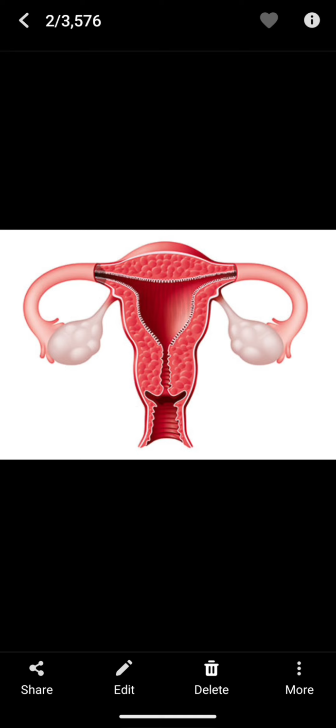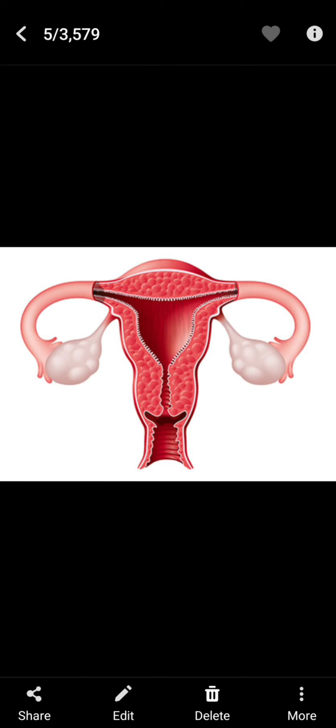Let's see the uterine cycle first. There are 5 phases in the uterine cycle. The first one is early proliferative phase, second late proliferative phase, third secretory phase, fourth premenstrual phase, and lastly the menstrual phase.